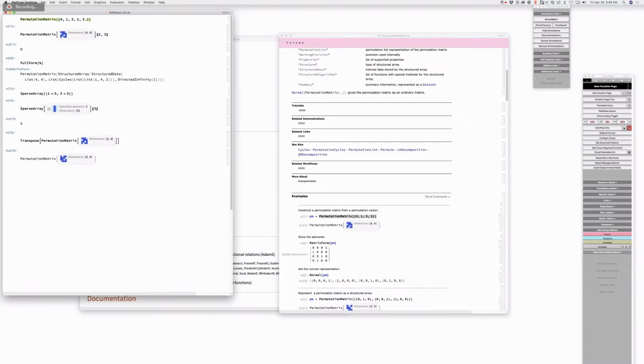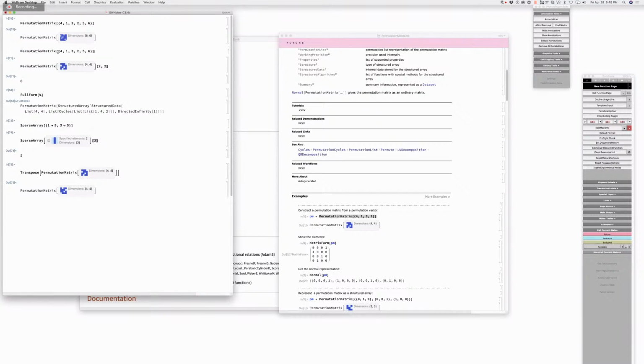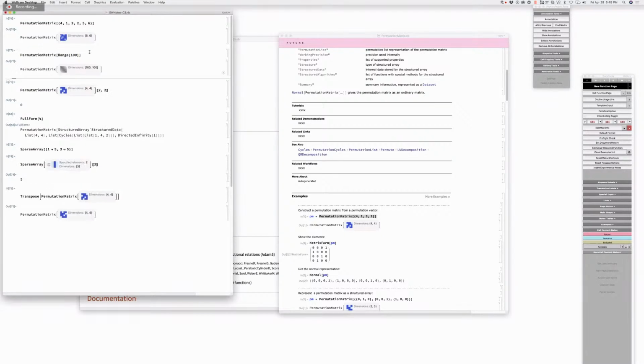I wonder if that's done generally. If you make that 10,000 long, it can't be that. Range 10,000. Well, let's just do range of 100. Oh, well, that's not going to work. It needs to be cut off somewhere. Maybe it's doing something reasonable here.